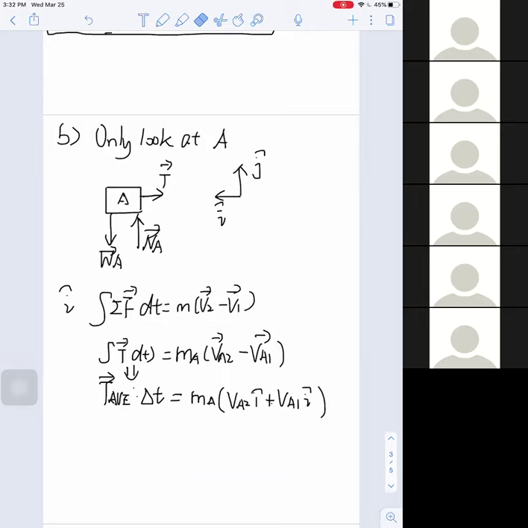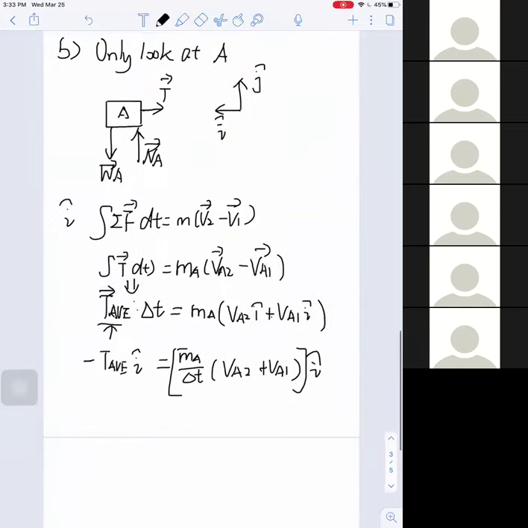So all the forces and velocities are in the form of vectors, and you need to make sure everything is in terms of I, J. So we can write this average tension force in the cable in the I direction, and since we know it's in the negative I direction, that is negative T average times I. And we can move this delta T to the other side of the equation, and we end up with mA over delta T times the quantity VA2 plus VA1, I. Add a bracket here.